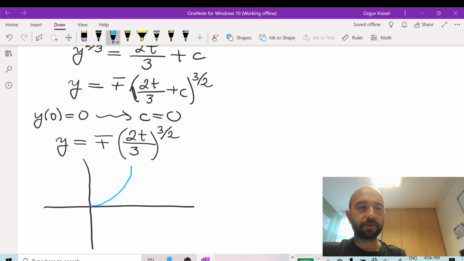And the negative one will be its reflection with respect to the t-axis. So both functions start from the same place, both satisfy the differential equation. So we have non-uniqueness, right? The solution is not unique.